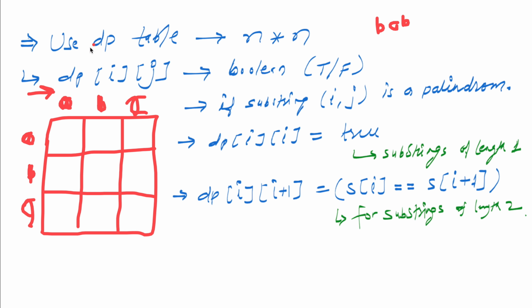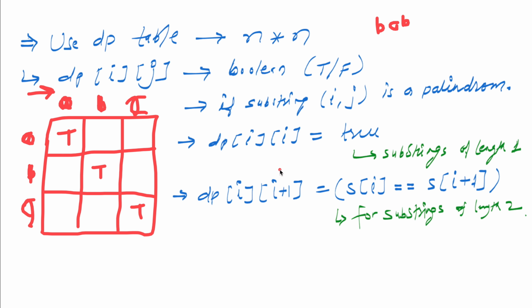We will use a DP table n into n, and the DP at I and J will hold either true or false. If the substring I to J is a palindrome, we have to mark it as true. Let's suppose we have A and A, we mark it as true. We have B and B, true. We have C and C, true.